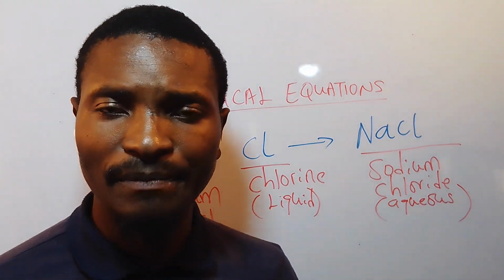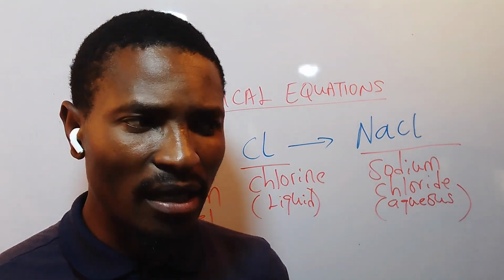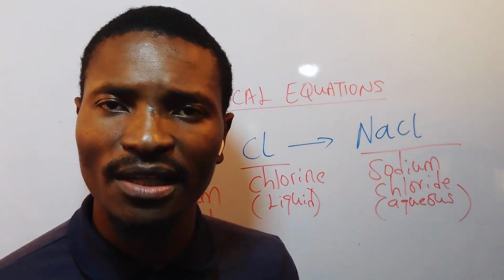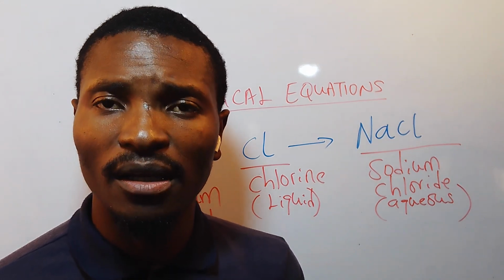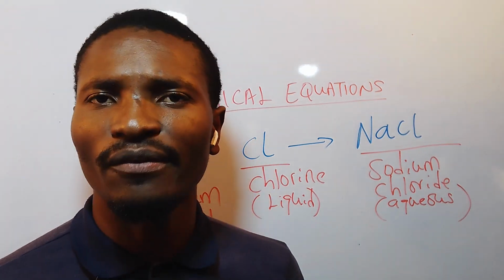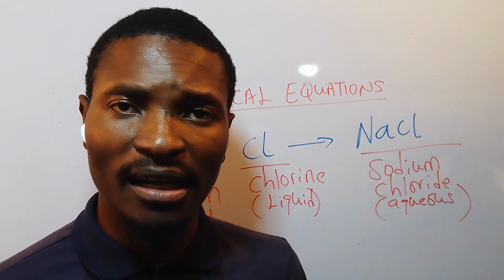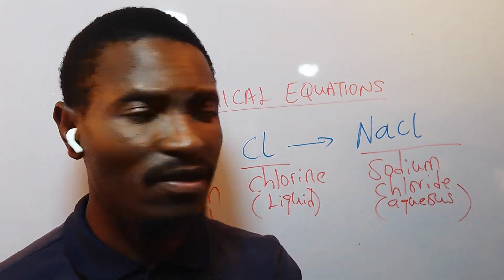Now, with that said, in chemistry, these are the basic and very big fundamentals that you have to understand. Because if you don't understand them, it's going to become very difficult for you to understand some of the bigger topics that you're going to face along the syllabus.